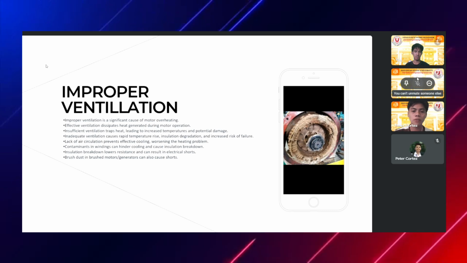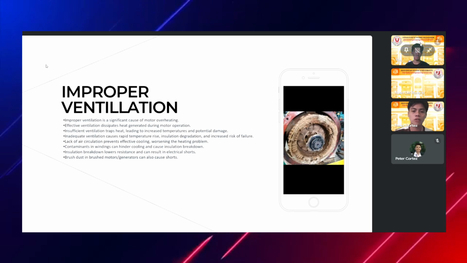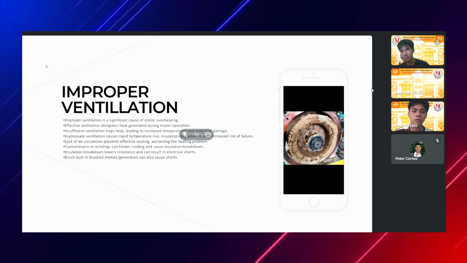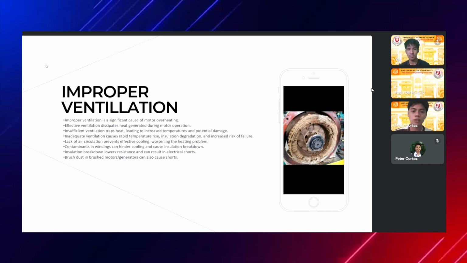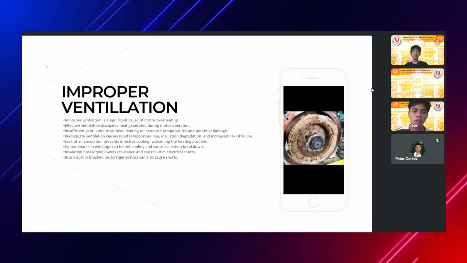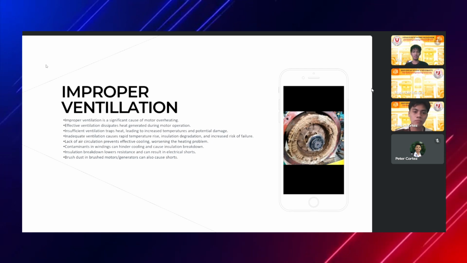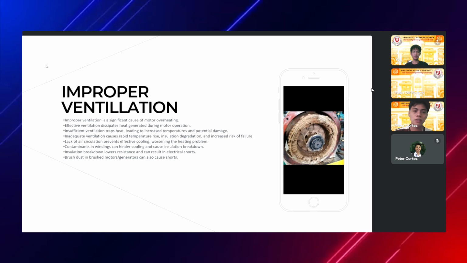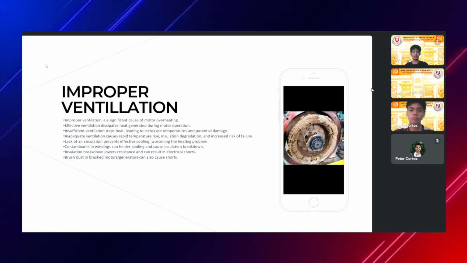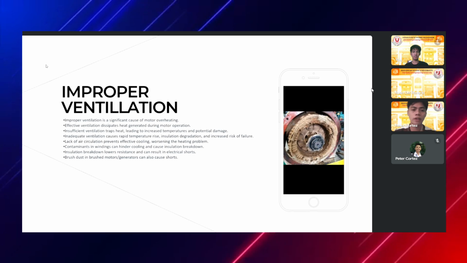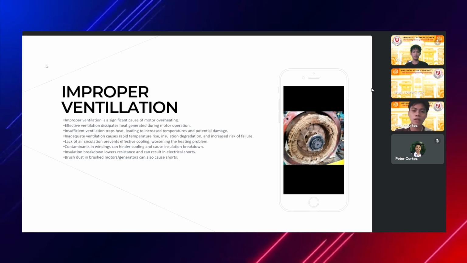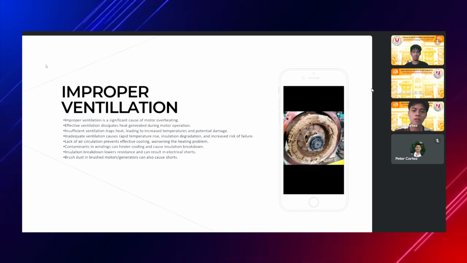When ventilation is insufficient or compromised, the heat produced by the motor gets trapped, leading to increased temperatures and potential damage to critical motor components. Proper ventilation facilitates the circulation of air around the motor, carrying away excess heat and maintaining a favorable operating temperature.